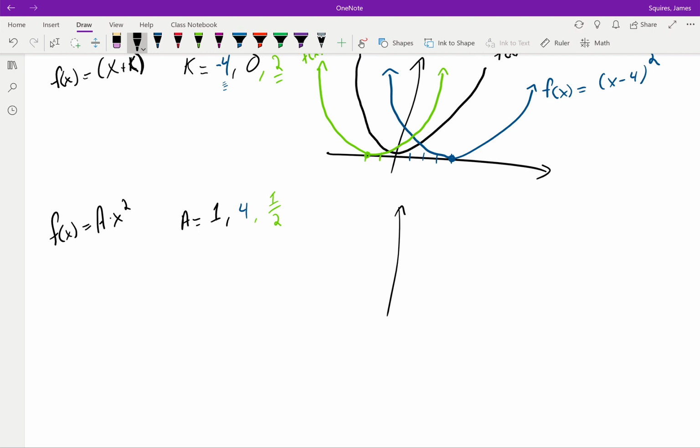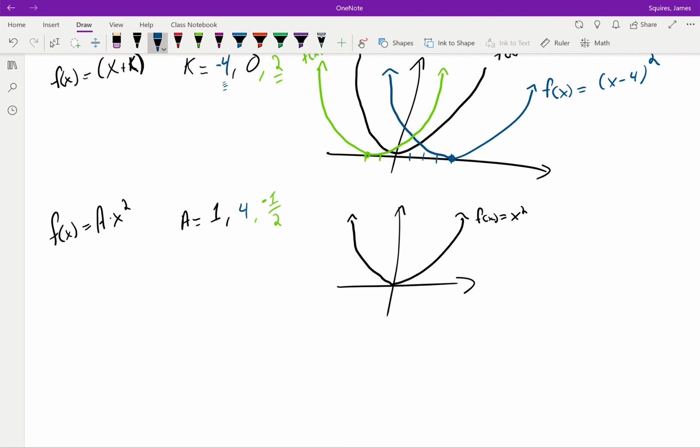Actually, let's do -1/2 instead of +1/2. Alright, so our original f of x function is x squared. So this is f of x equals x squared times 1, or just our original f of x function.